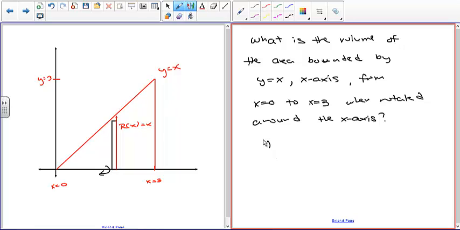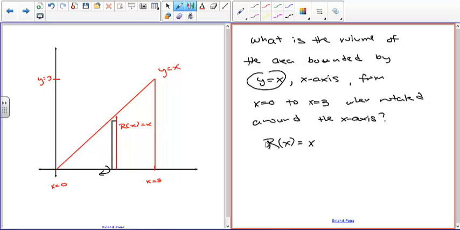So you have to determine what r of x is. And r of x in this case is equal to x. Because that's the curve, the red curve, it's what is defining the upper value of this rectangle, the height dimension of the rectangle.